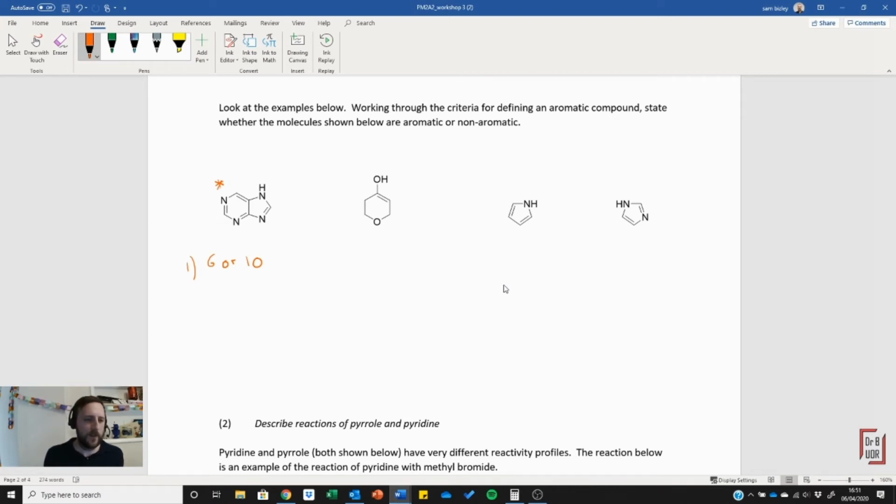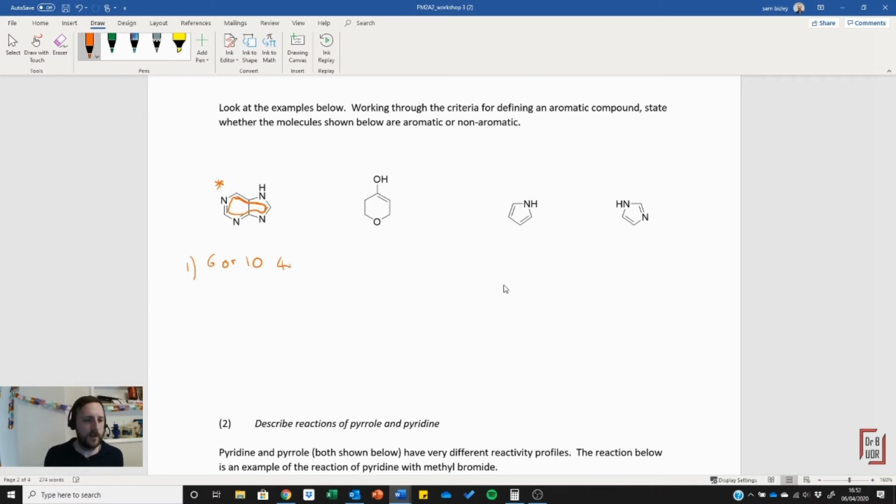Now the other thing we need to remember is that nitrogen has a lone pair, and the way that everything's spread out, this lone pair is actually included in the pi delocalization. Okay, so if I was going to draw a ring around, what happens is it sort of links these parts of the structure up around here and uses those lone pairs to delocalize. So if we're counting them out, we need to also count the electrons in the lone pair, which would give us our other 2.